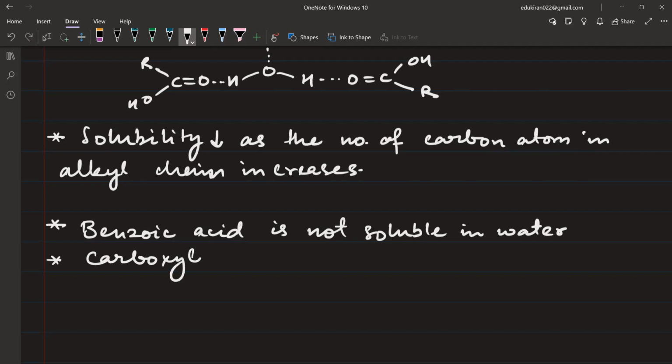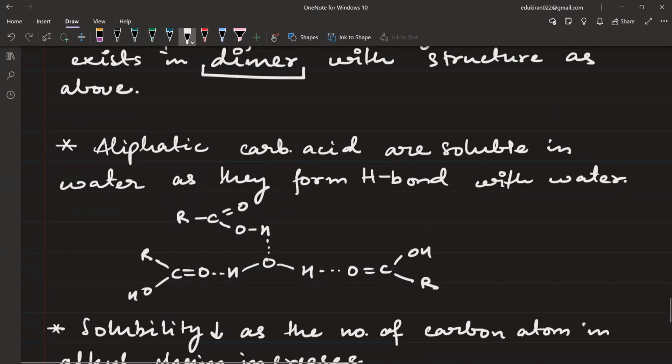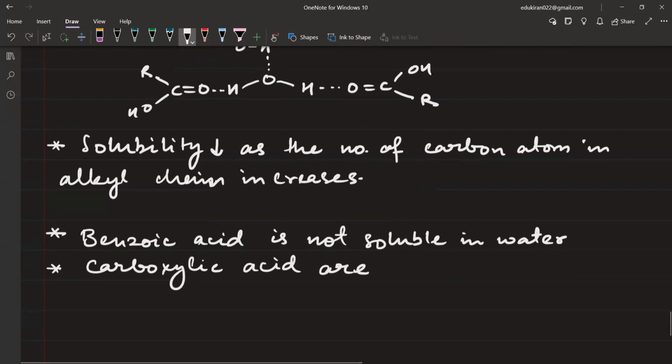Carboxylic acids are also soluble. Here earlier we wrote aliphatic, but here there is no limitation.